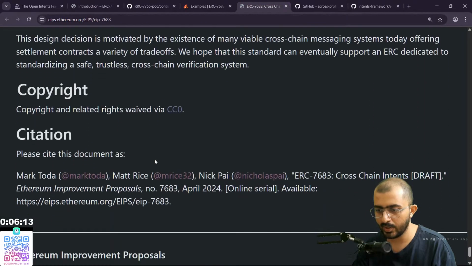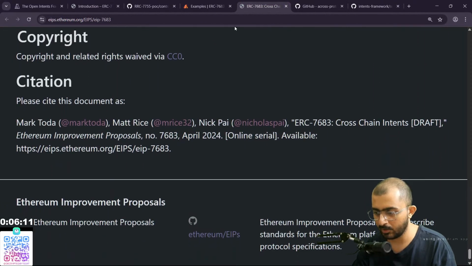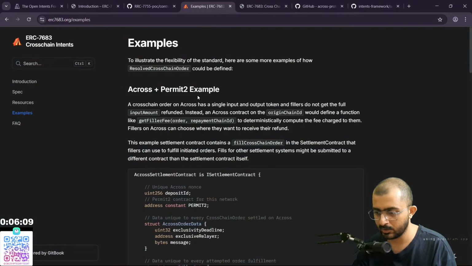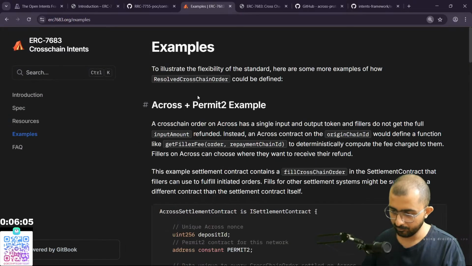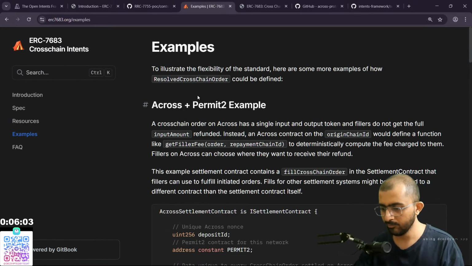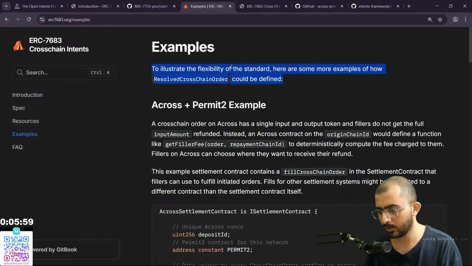If you want, you can see the example in the EIP, but I'm going to check the example on the site. To illustrate the flexibility of the standard, here are some more examples of how resolved cross-chain order could be defined.